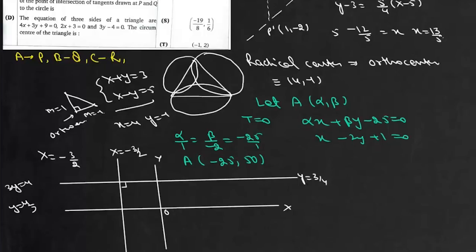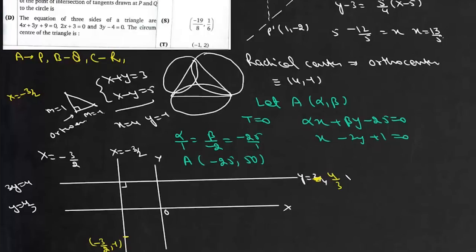Now we can find point of intersection of these two lines. So we put x as minus 3 by 2. We'll get minus 6 plus 3y equals minus 9, so y equals minus 1. So there will be (minus 3 by 2, minus 1). And then we will find point of intersection of the line y equals 4 by 3 with this given line.